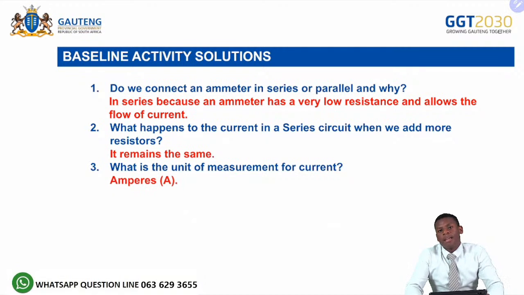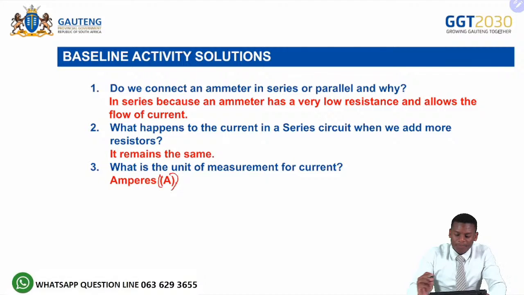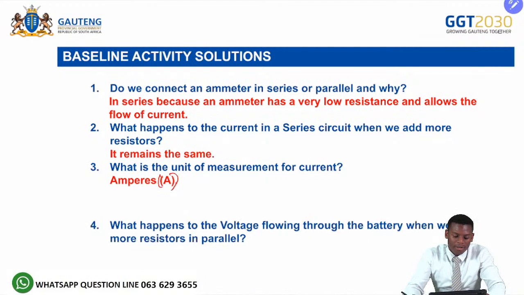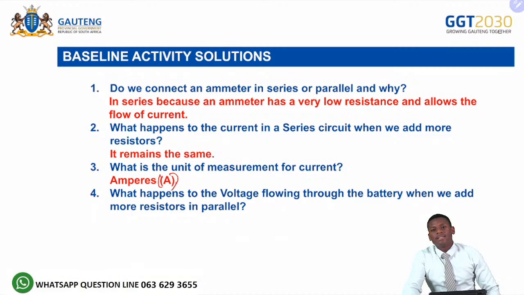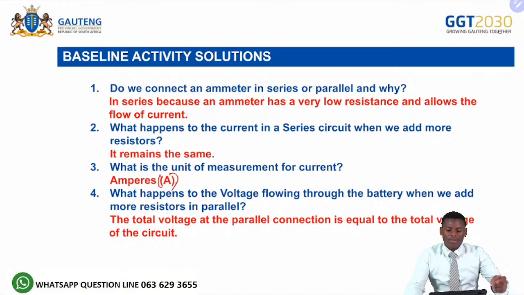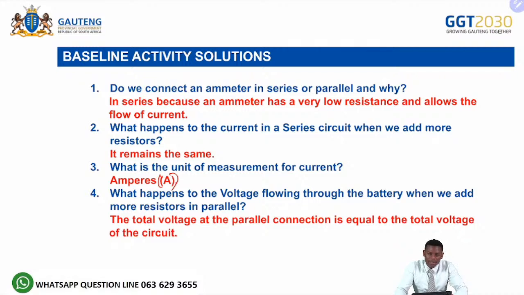Yes, it's an ampere, written in A. The last question, what happens to the voltage flowing through the battery when we add more resistors in parallel? The total voltage of the parallel connection is equal to the total voltage of the circuit. Give yourself 2 marks and pat yourselves on the shoulders for getting them correct.